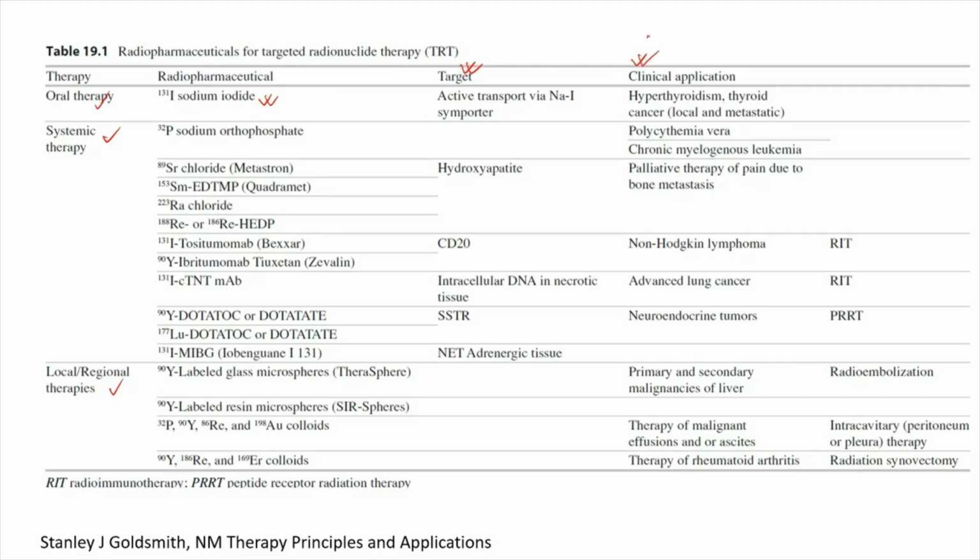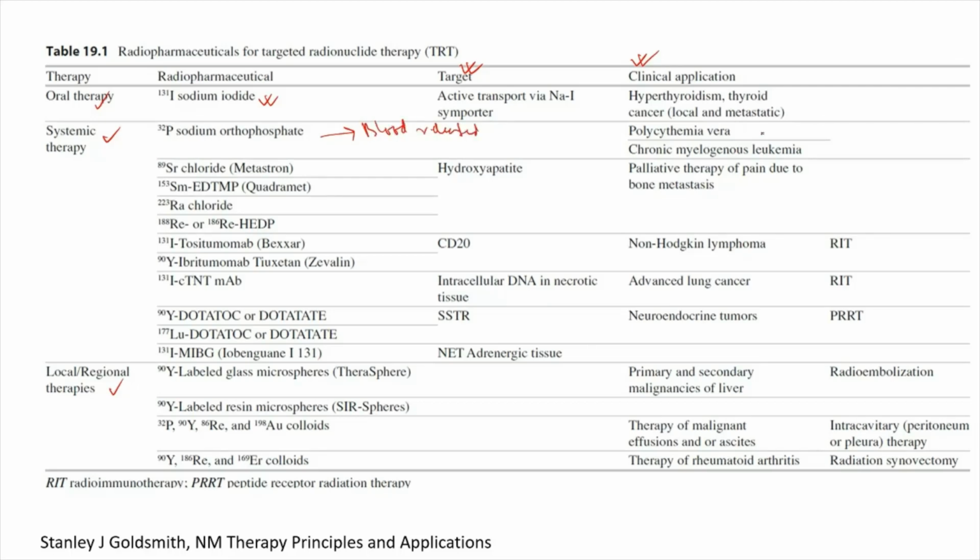For example, iodine 131 sodium iodide is used in the treatment of hyperthyroidism and thyroid cancer, both local and metastatic. Iodine 131 gains entry into the thyroid follicular cells by an active transport process through the sodium iodide importer. For systemic therapy, P32 sodium orthophosphate is used for the treatment of various types of blood related disorders.